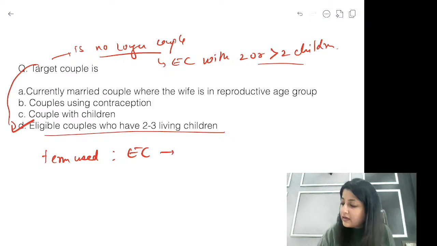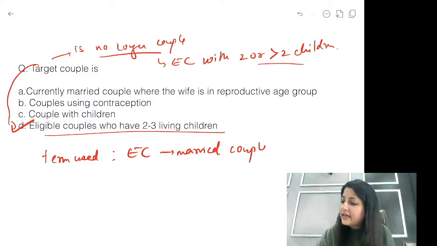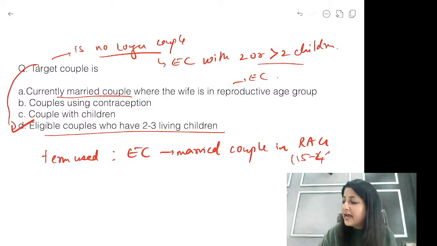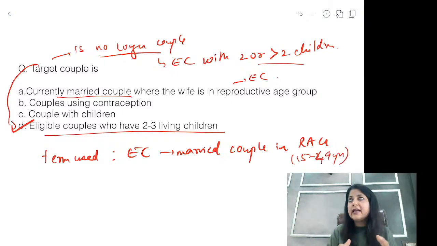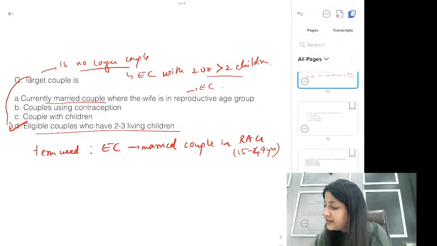Eligible couple matlab married couple, not currently married, any married couple in reproductive age group. Whether somebody has 2 children, is newly married, or has 1 child, everybody needs family planning. टारगेट कपल में कपल के पास 2 या 2 से ज़्यादा बच्चे होने चाहिए थे. ठीक है, बट अब टारगेट कपल वर्ड ही नहीं यूज होता.